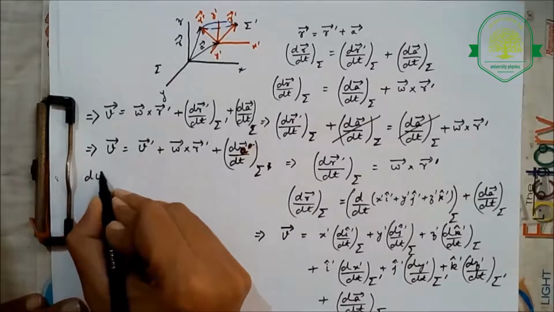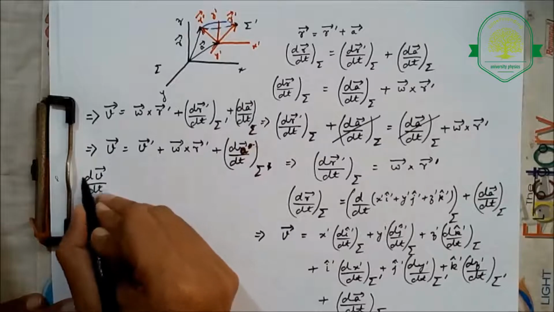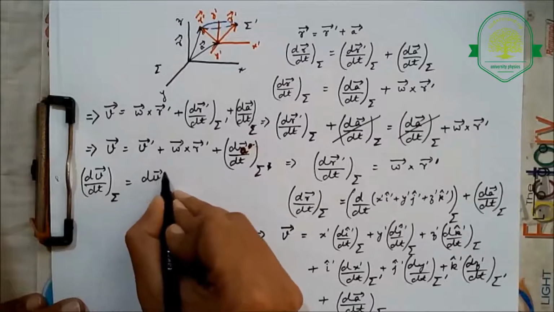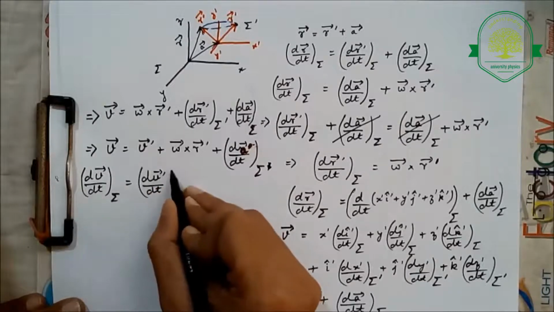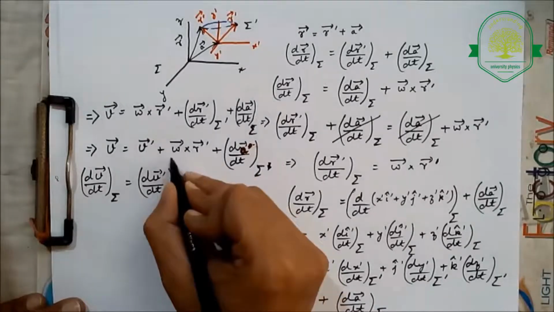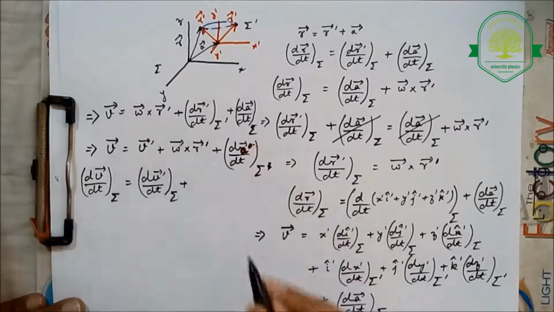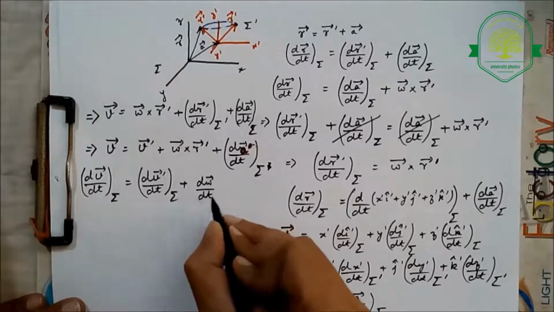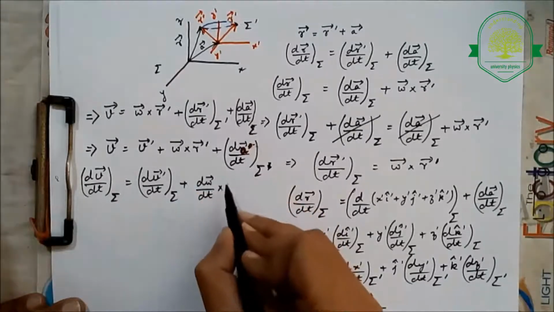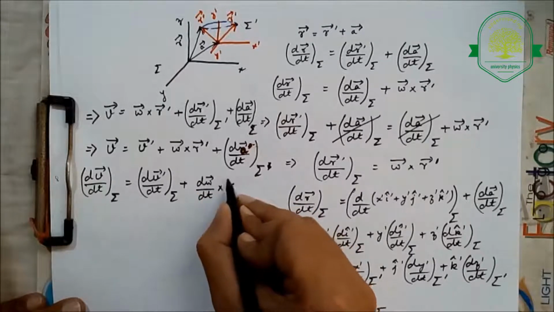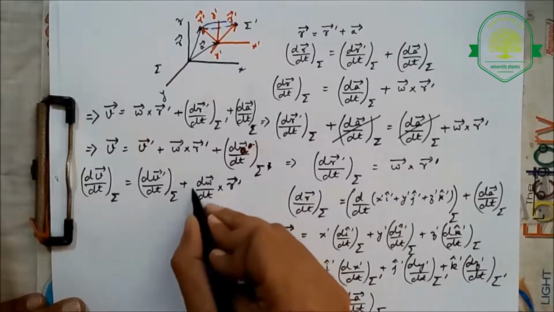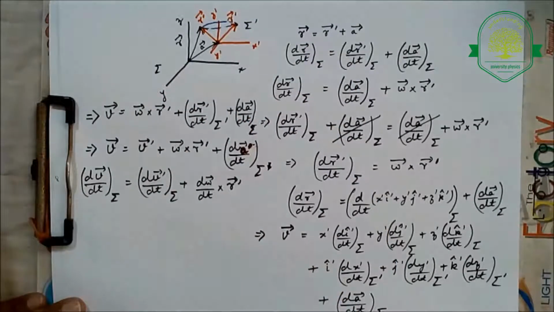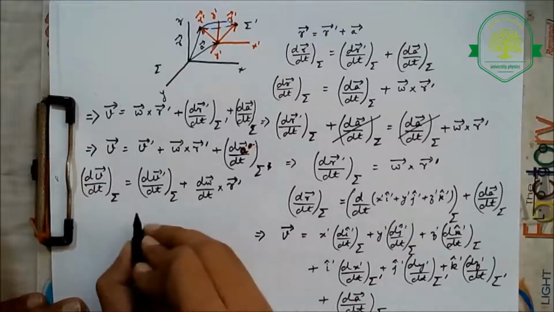So dV over dt as seen from sigma equals dV primed over dt as seen from sigma, plus differentiation of this term as seen from sigma, which will be d omega over dt cross r primed, plus omega cross dr primed over dt. About d omega over dt, both frames agree, therefore we don't have to specify with respect to which frame this differentiation is being done.